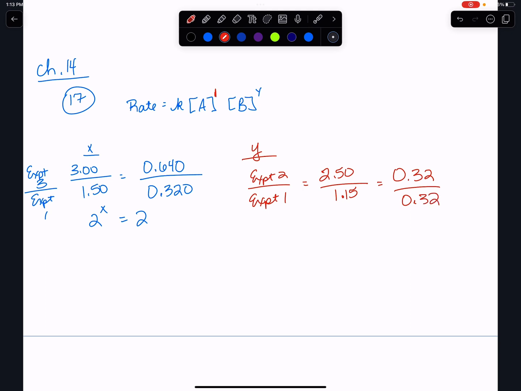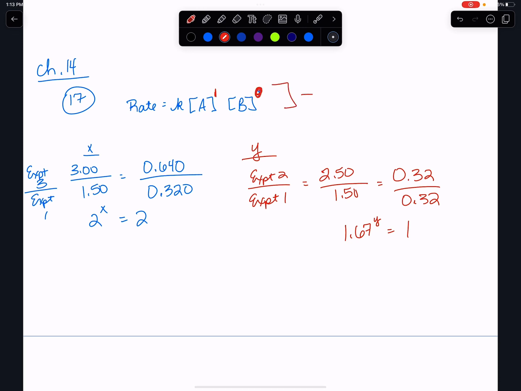Okay? 0.32 divided by 0.32 is 1. And then, I wrote this wrong. 2.5 divided by 1.5 is 1.67. 1.67 raised to what power gives you 1? Well, anything raised to the 0 power is 1, so that tells us that y is 0.